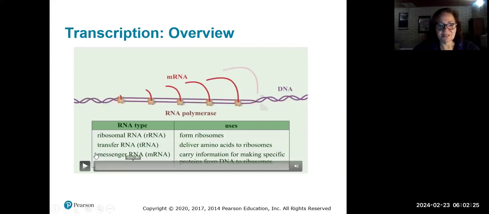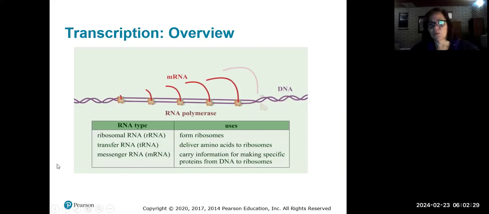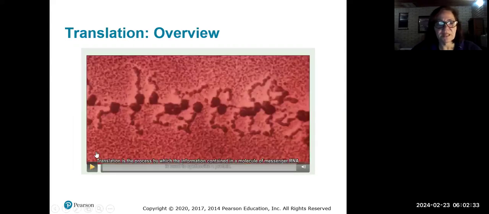Okay, so that's the messenger RNA. That's what's being represented here in red. Now let's go on to translation. This is a piece of messenger RNA here with a whole bunch of different ribosomes on it doing this translation step.